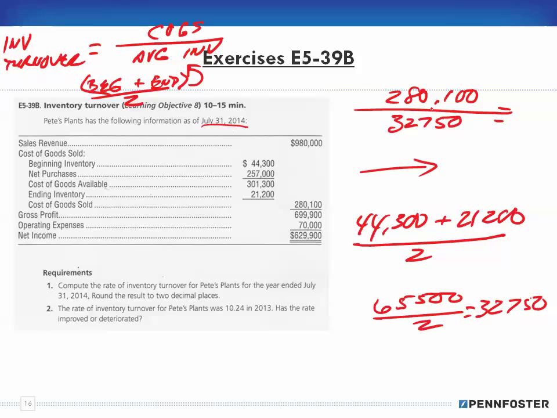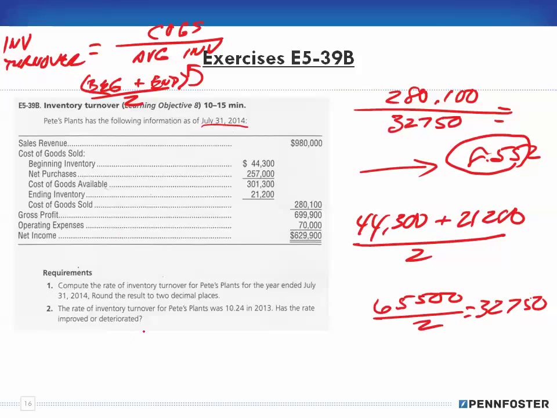So if I take 280,100 and divide it by 32,750, now I end up with 8.552, which means I round to 2 places, round down, so I have 8.55, and that's the inventory turnover for 2014.